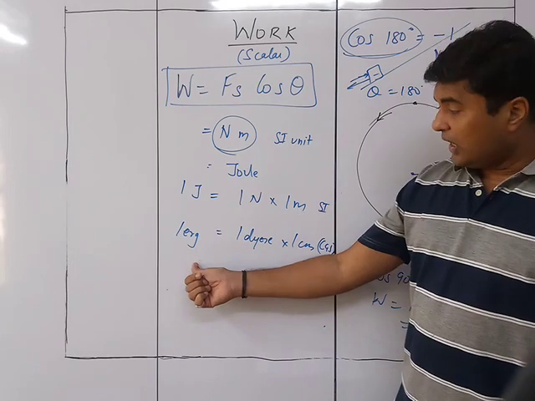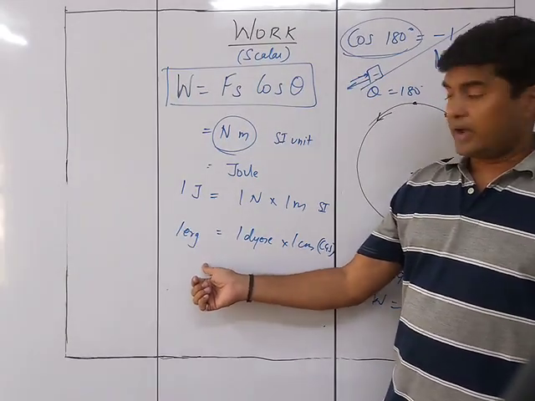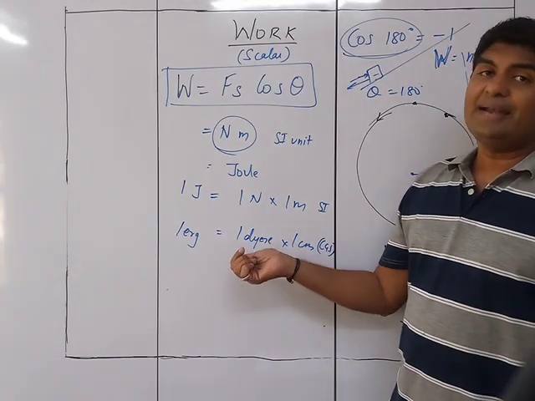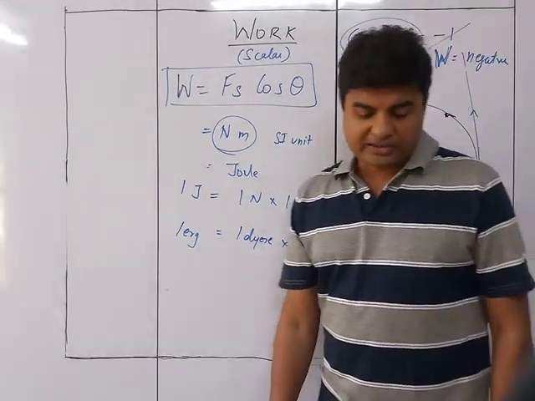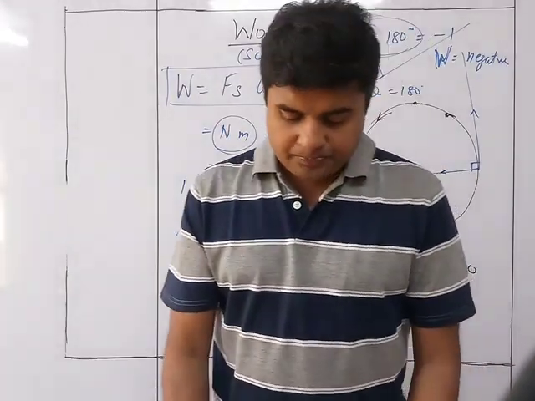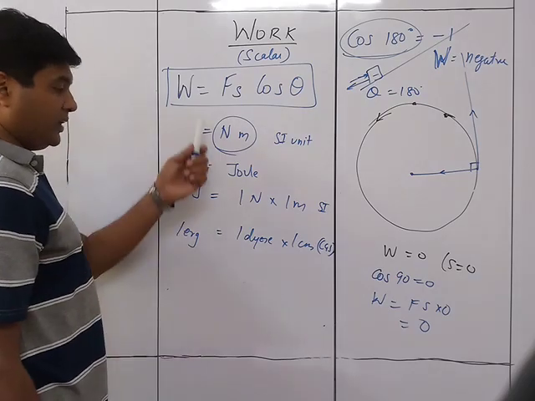Similarly, 1 erg of work is said to be done when a force of 1 dyne displaces the body by 1 centimeter in the direction of the force. So that is the SI and the CGS unit of work.